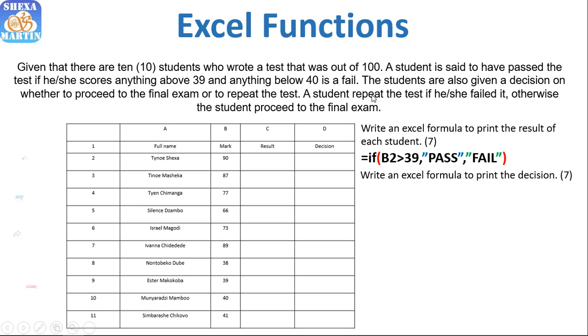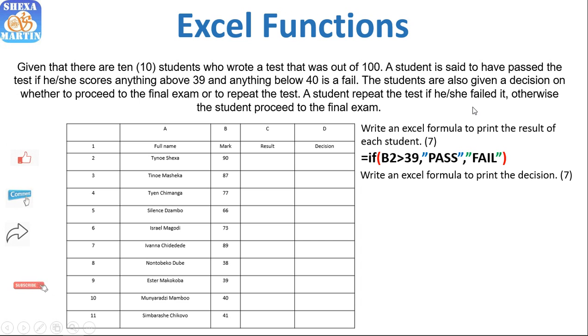A student will repeat the test if he or she failed it. So the moment I see if, I now know that it's an if function to be applied. If he or she failed it, otherwise the student proceeds to the final exam. So if a student fails, the student repeats, otherwise the student will proceed.